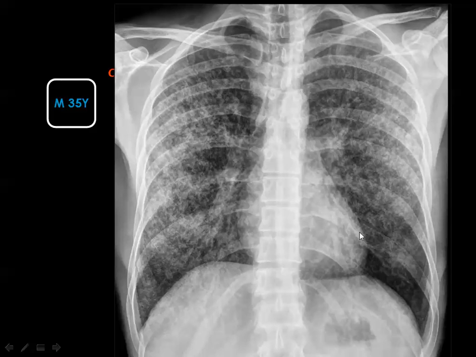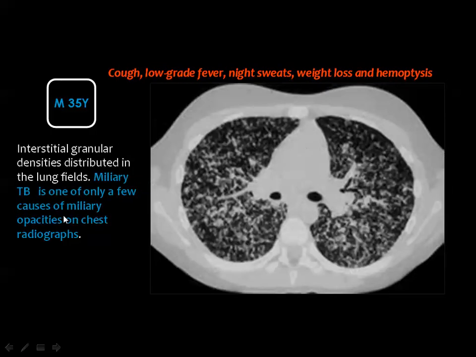And if you remember, I have mentioned that if you are not able to identify the pattern of the disease from the chest X-ray, and this is frequently seen in clinical practice, then you should go to the high resolution CT.